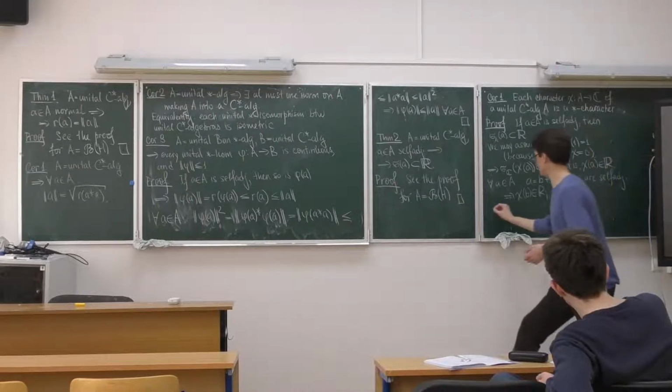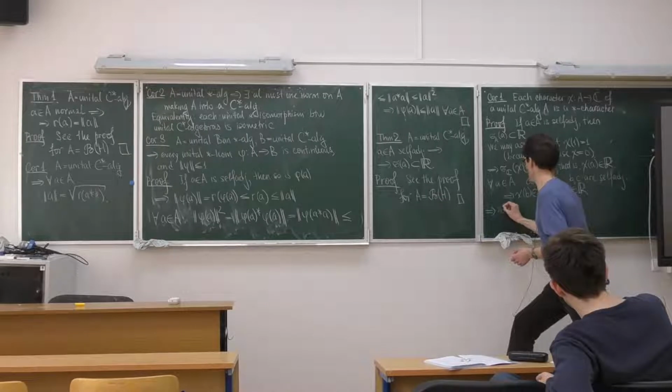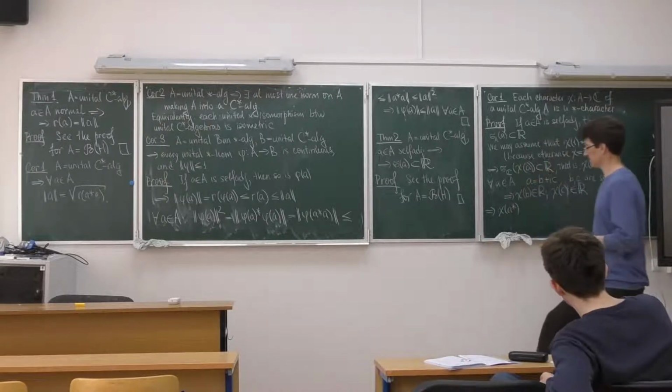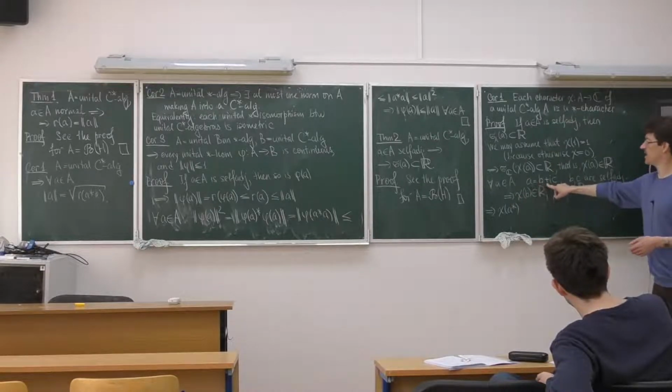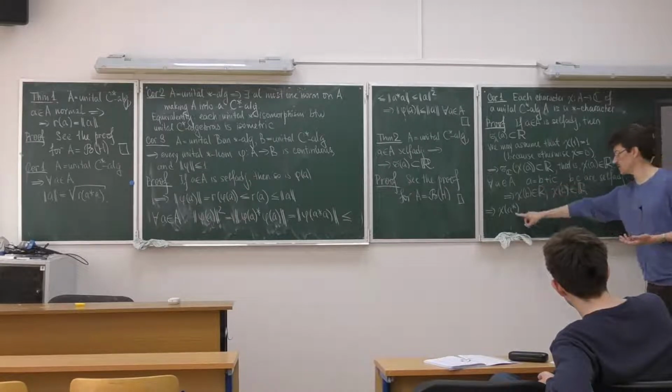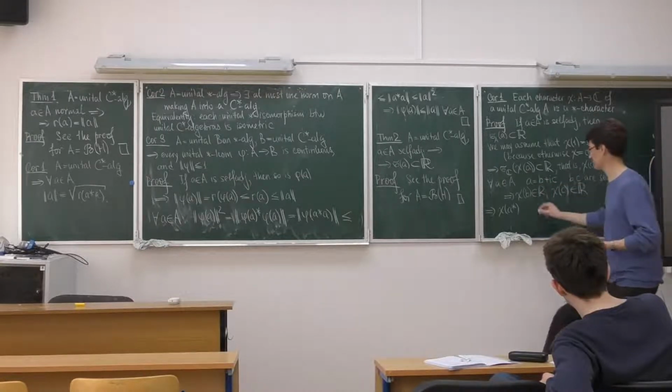And so, if we calculate chi of A star, so what is A star? A star is B star minus IC star, but B and C are self-adjoint, so A star is just B minus IC.